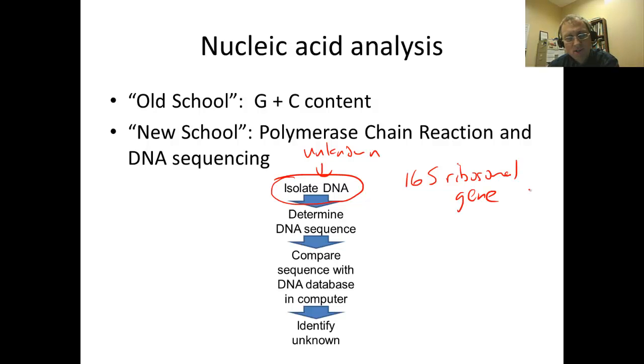It's the one that Carl Weiss was using. The reason that this gene sequence is used is because it's easy to amplify from pretty much any prokaryotic microorganism.